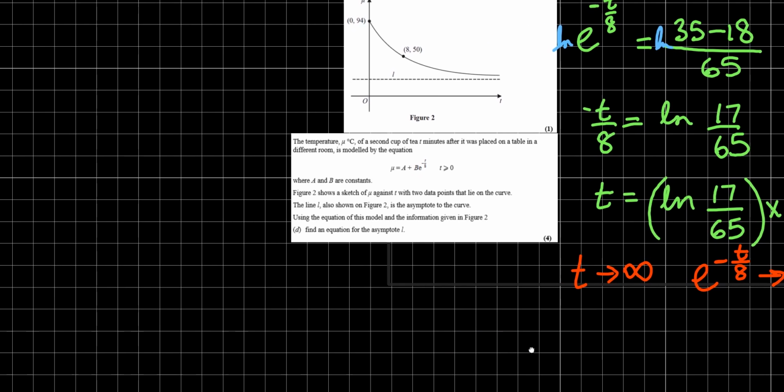So what that means is we're going to use the 2 points we've been given on our curve and use the equation. So we have that when t is equal to 0, mu was 94.